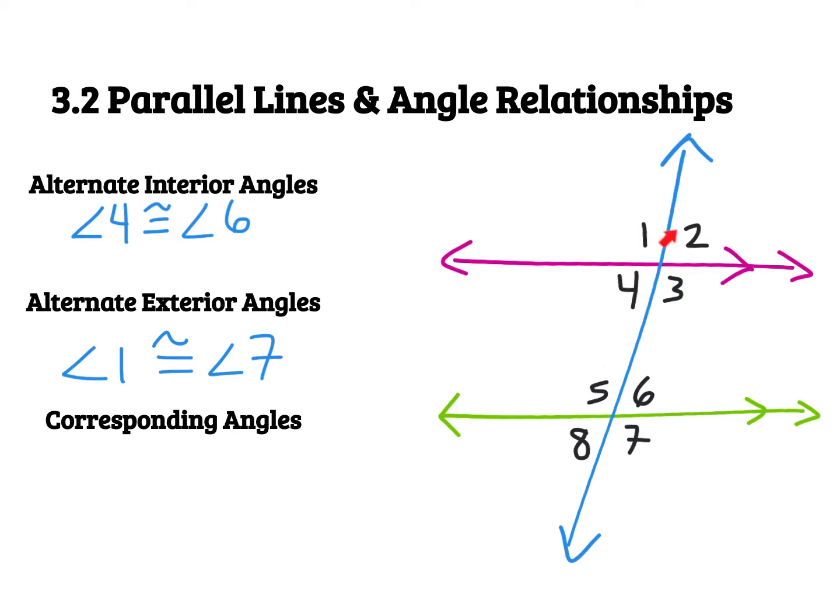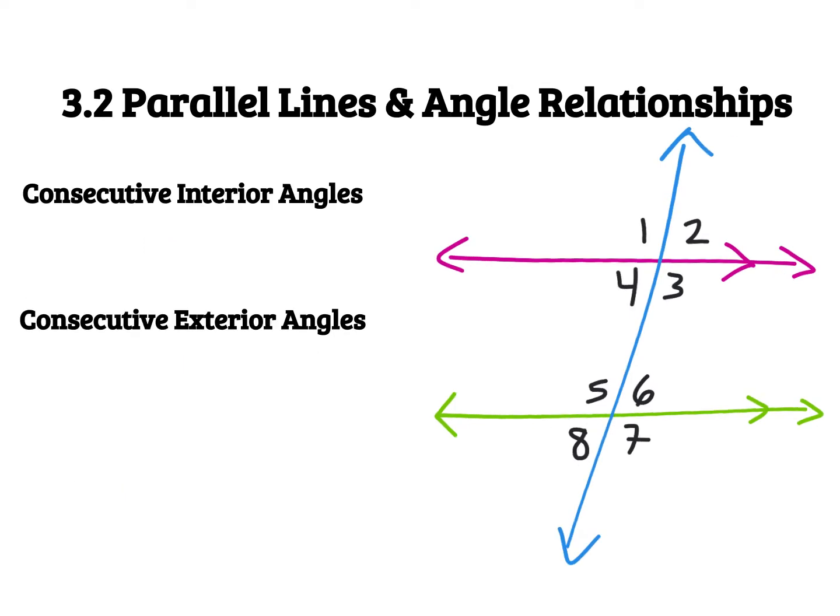If you notice, they're both above the lines and they open up the same amount. These are obtuse angles and they are congruent to each other. So all corresponding angles are congruent. And I'm just going to write one example. Angle 1 is congruent to angle 5. You can choose any pair of these types of angles in here, and they're all going to be the same degree measurement.